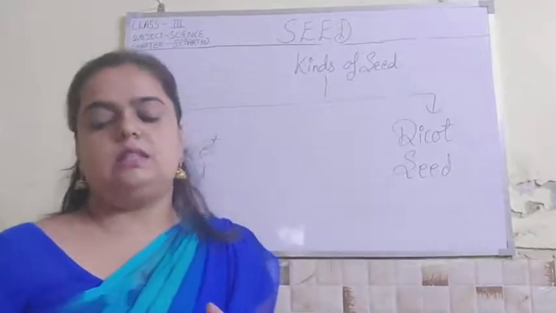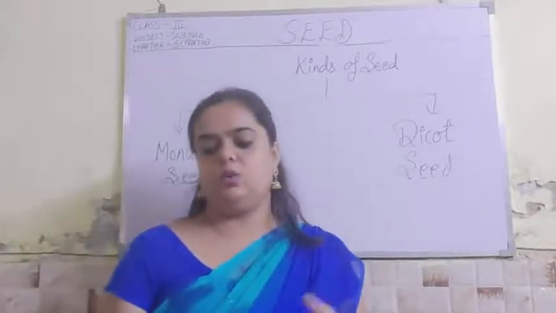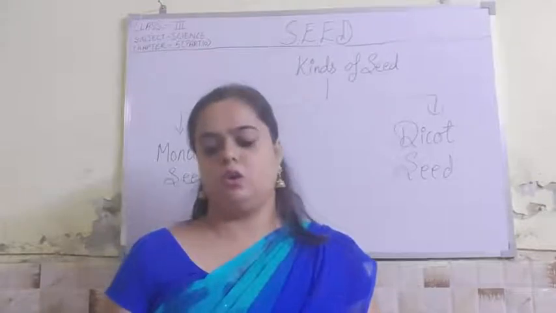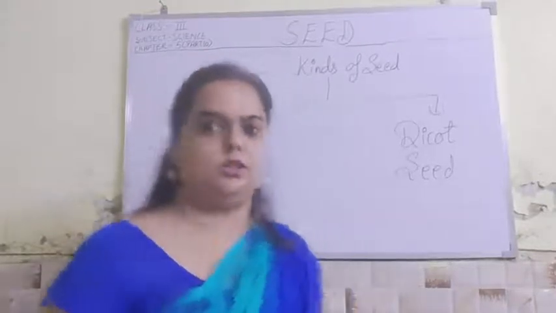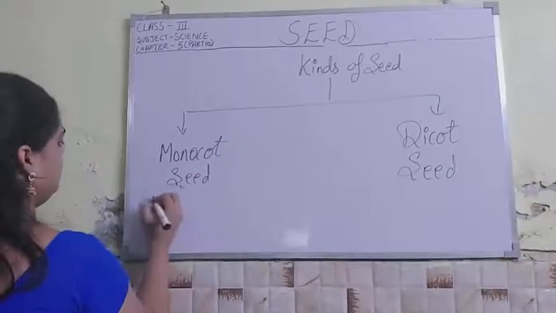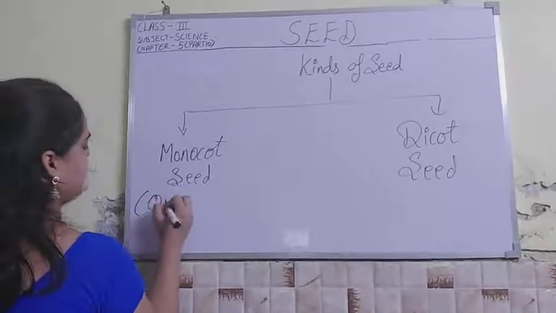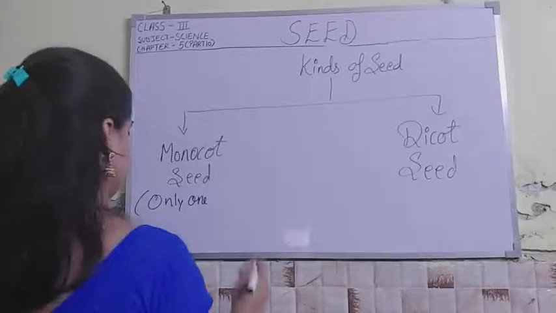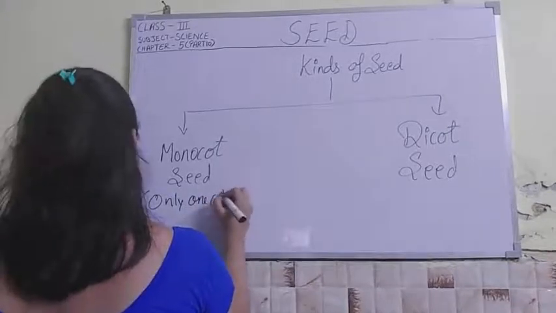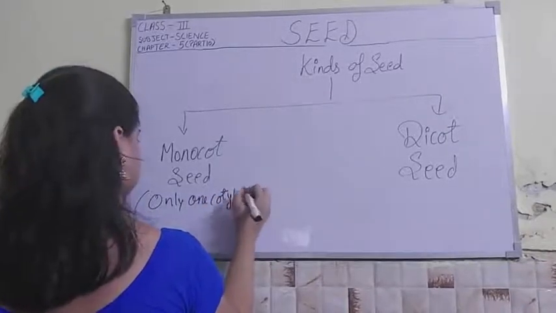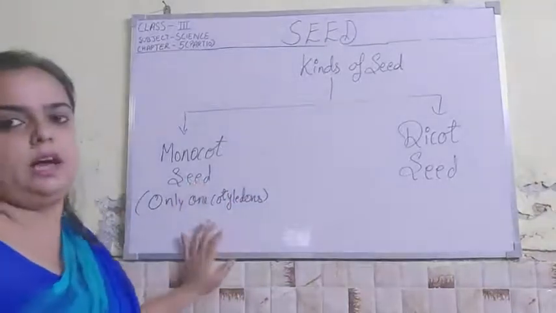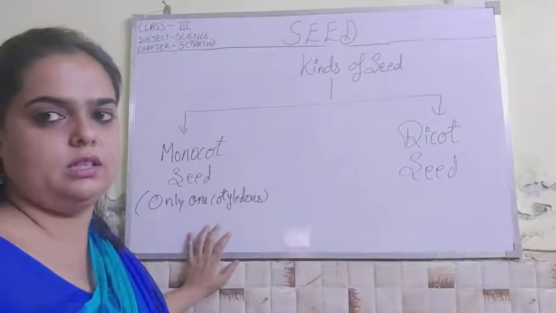Children, a seed that has only one cotyledon is called a monocot seed. Okay, here monocot seed has only one cotyledon.